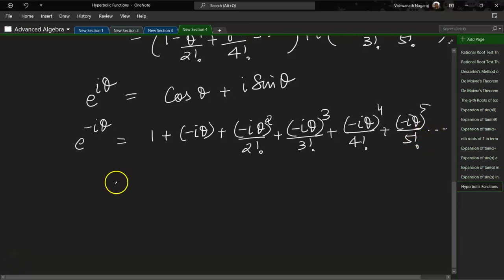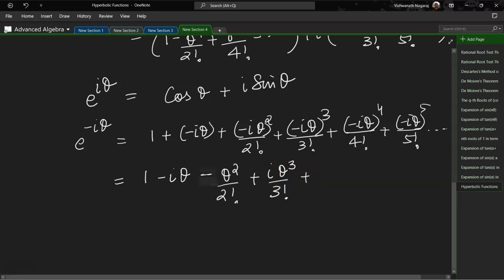Okay, now let's simplify this. We get 1 minus i theta. Now let's look at i square. i square is minus 1. Minus square is plus. So minus into plus is minus. So minus theta square by 2 factorial. Similarly, i cube is minus i. Minus into minus plus i theta cube by 3 factorial.